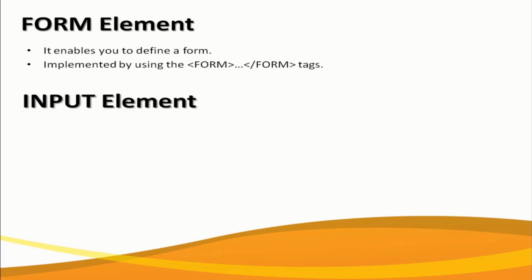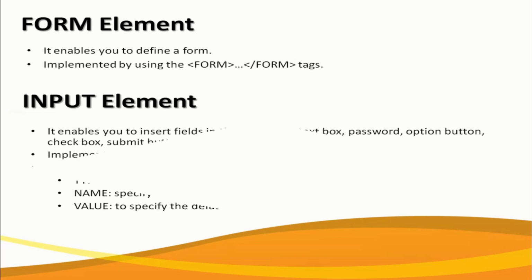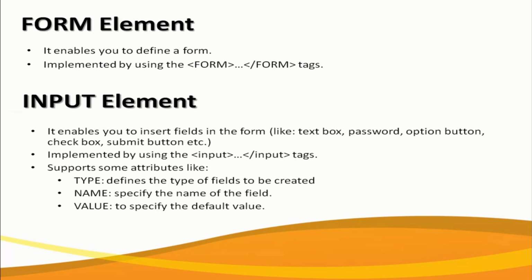The input element specifies an input field where the user can enter data. It is the most important form element. It enables you to insert fields in the form like text box, password field, checkbox, option button, and many more. It can be implemented by using the input tag.